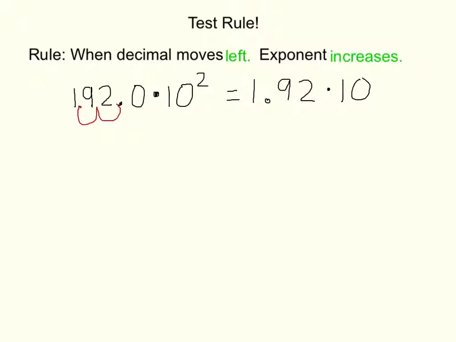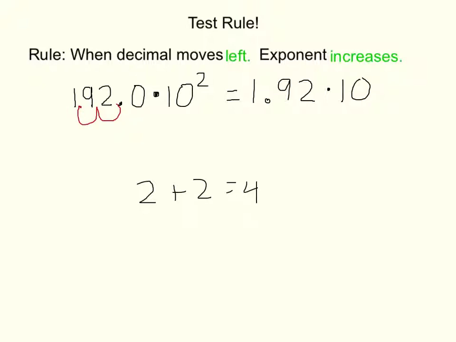Based on my rule, I would have to increase my exponent. So originally my exponent right here, 2, must be increased by the number of times I moved my decimal left. And I moved it 2 times. So I'm going to add 2. 2 plus 2 is 4.